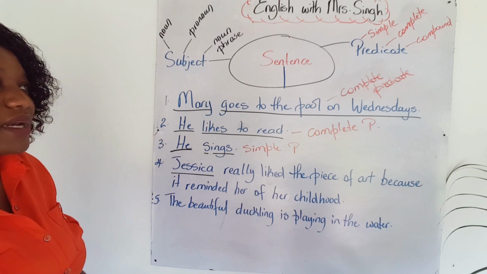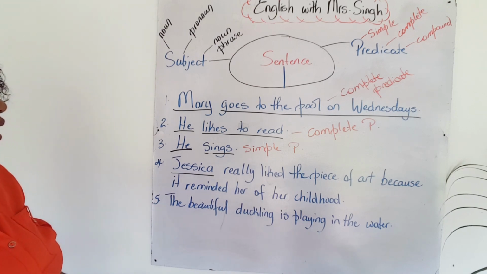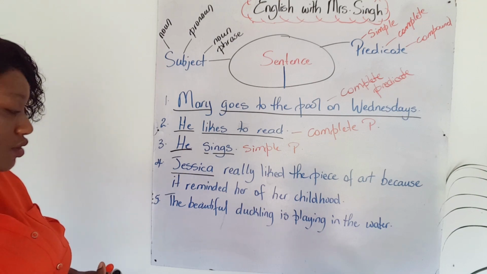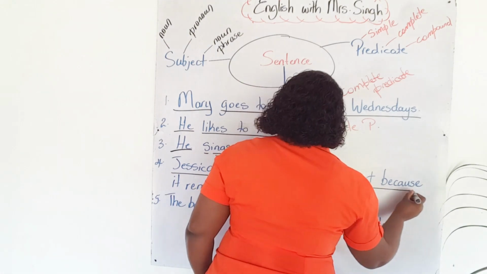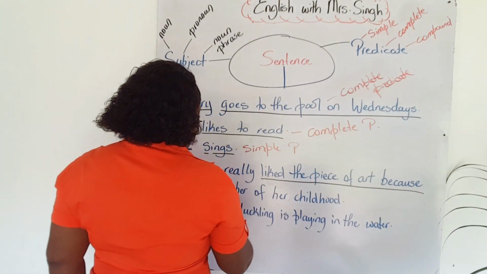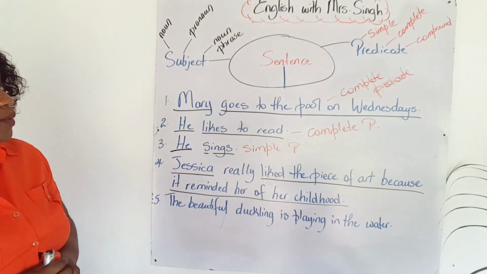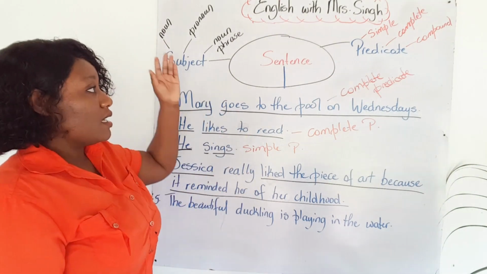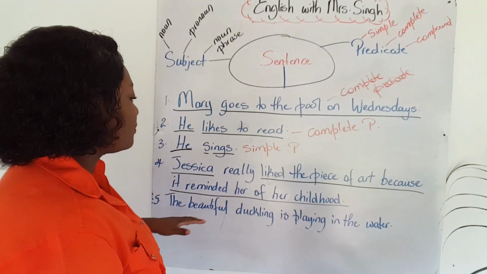Remember our predicate begins with what? It begins with a verb. So here is our predicate. What type of predicate is this? Is it simple, complete, or compound? Let us take a look.